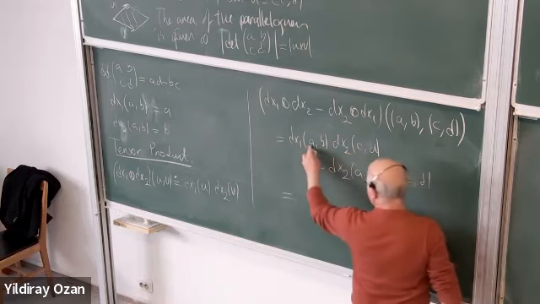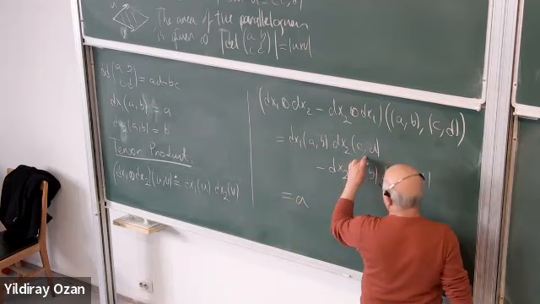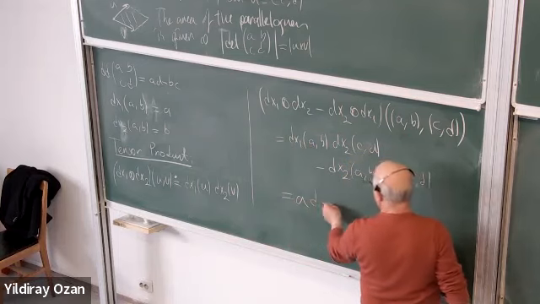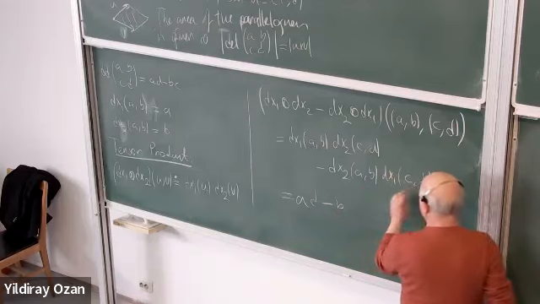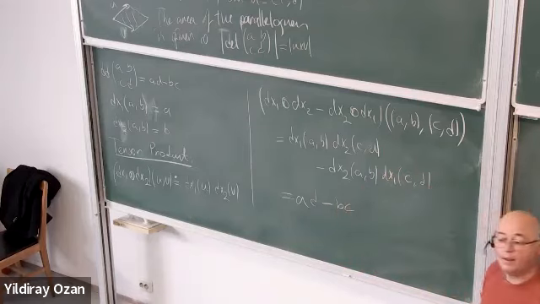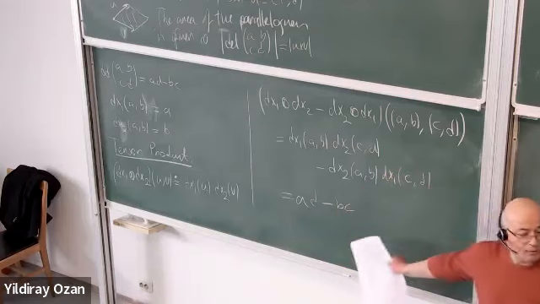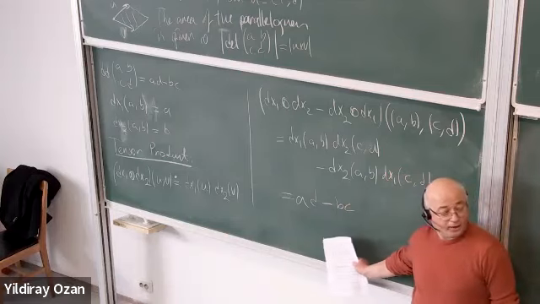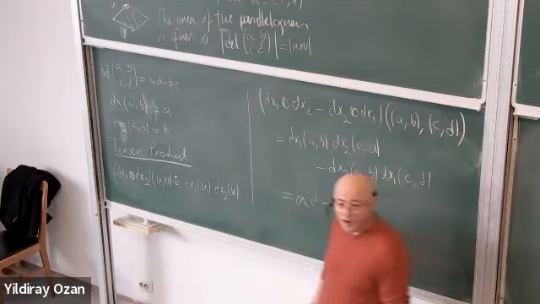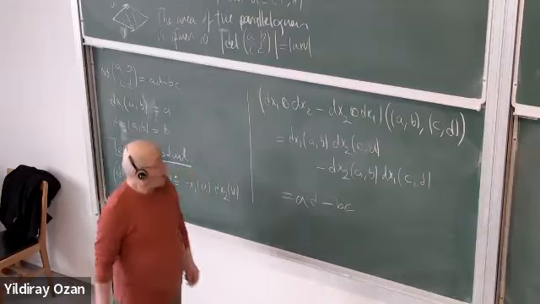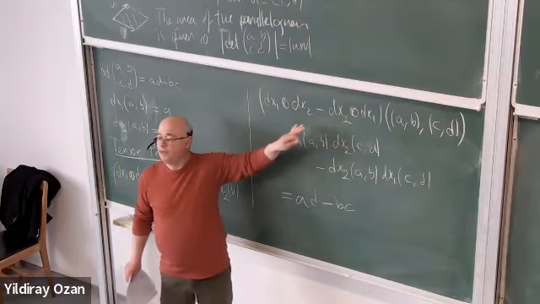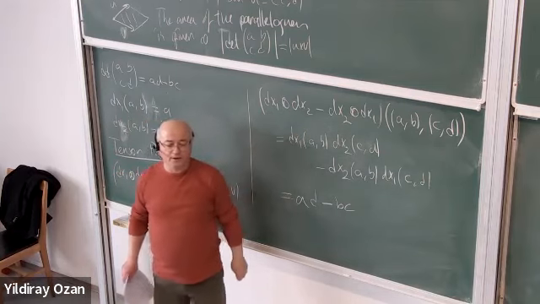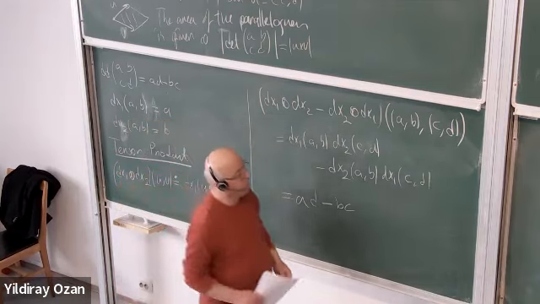This is just the first coordinate, so it is A times D, minus the second coordinate B times the first coordinate C. So the determinant can be written like this in terms of one forms. This expression is kind of long, so there is a short notation for it.